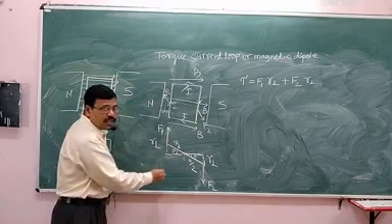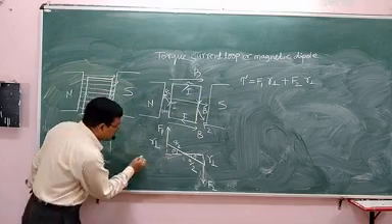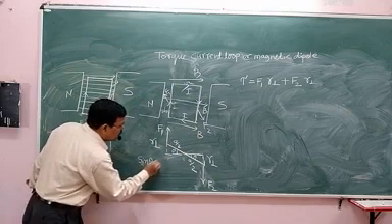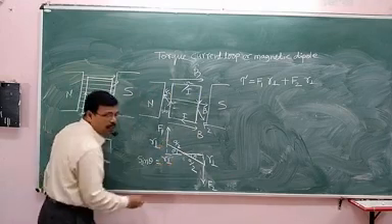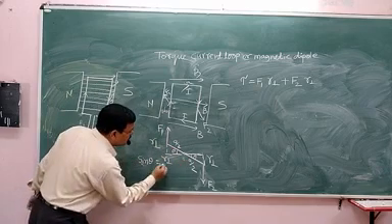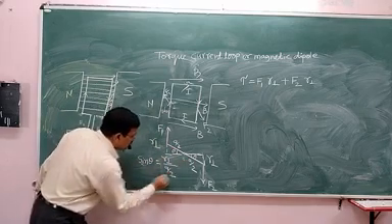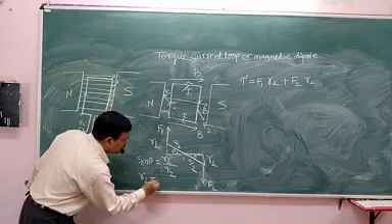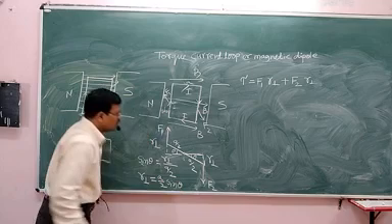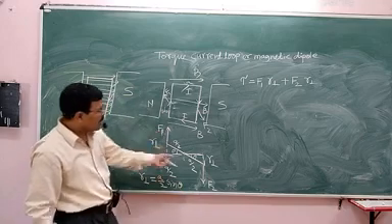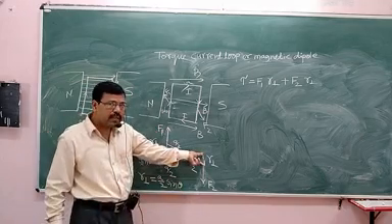Okay, this distance: sine theta is equal to the opposite side, R perpendicular, divided by the hypotenuse A by 2. So R perpendicular is equal to A by 2 sine theta. This is A by 2 sine theta. This is also A by 2 sine theta.